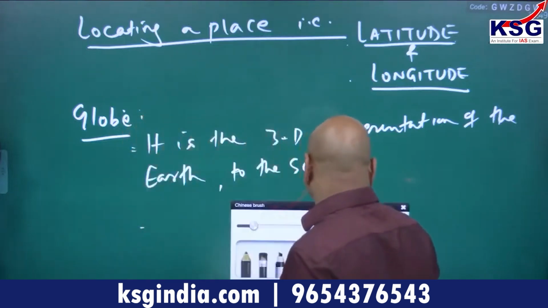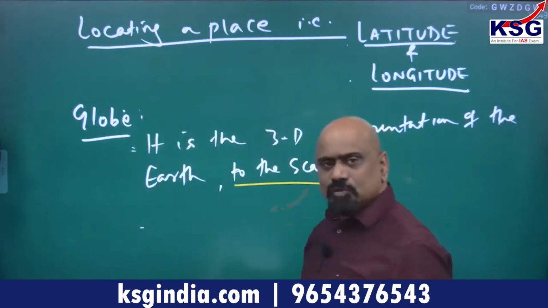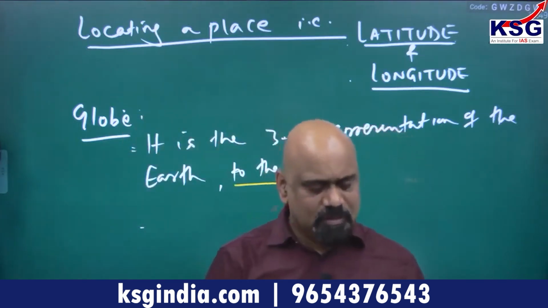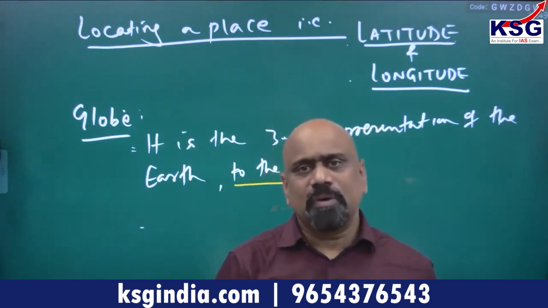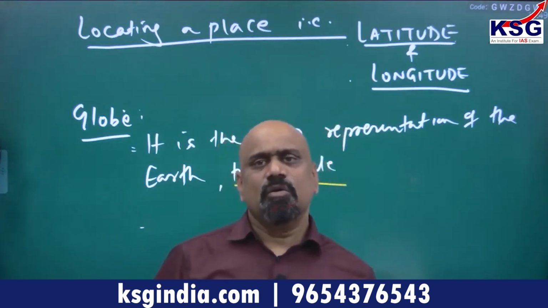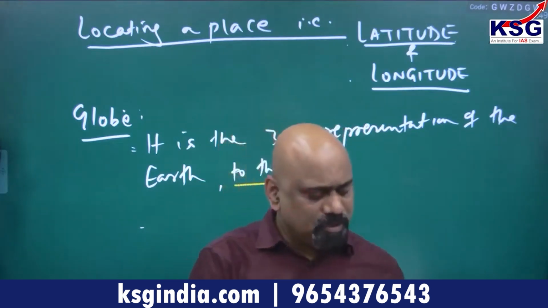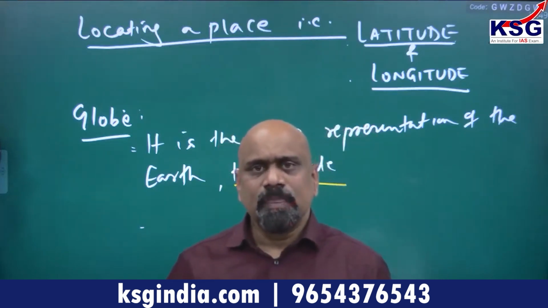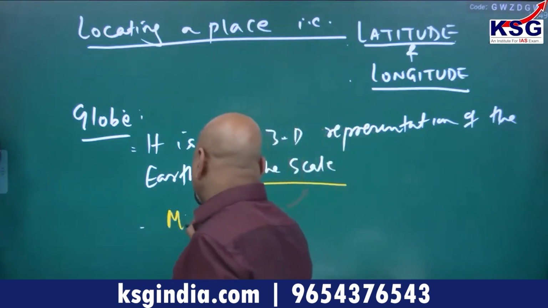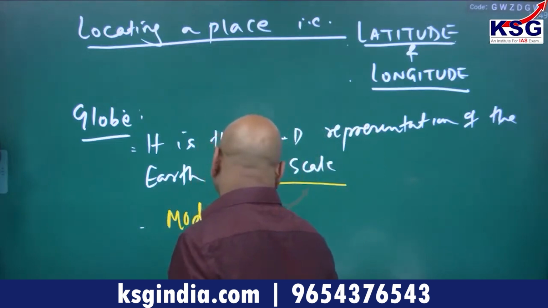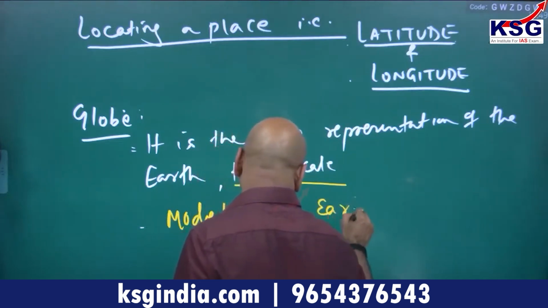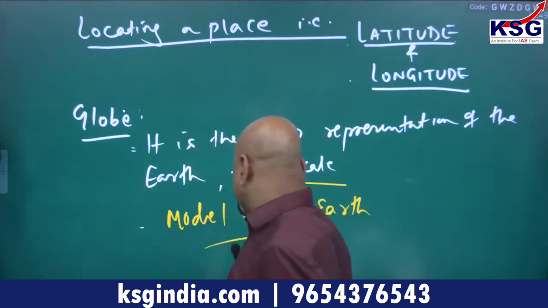As I have mentioned, to scale means it is prepared proportionately, based on the radius of the earth, deciding what the radius of the globe should be. This is the model of the earth.